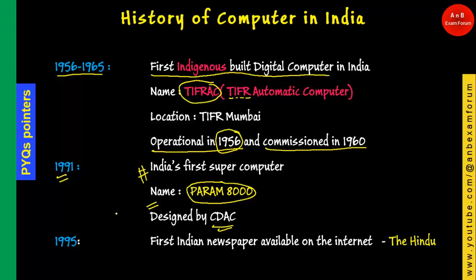And in 1995, the first Indian newspaper became available on the internet, because at that time the internet boom was there. The first newspaper that came onto the internet was The Hindu. So The Hindu was the first newspaper available on the internet.